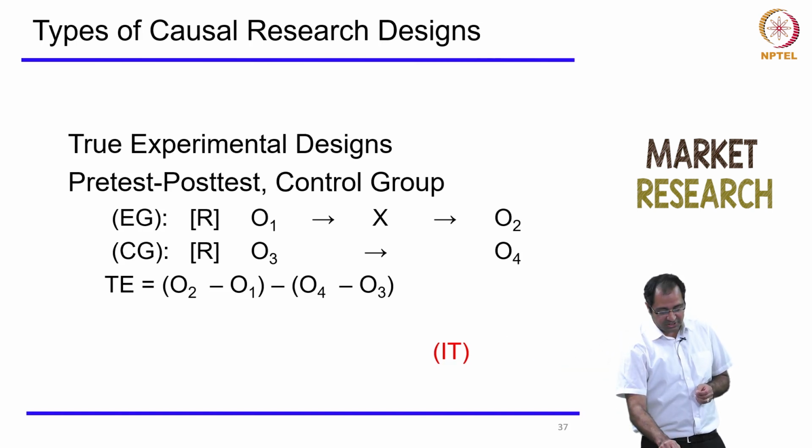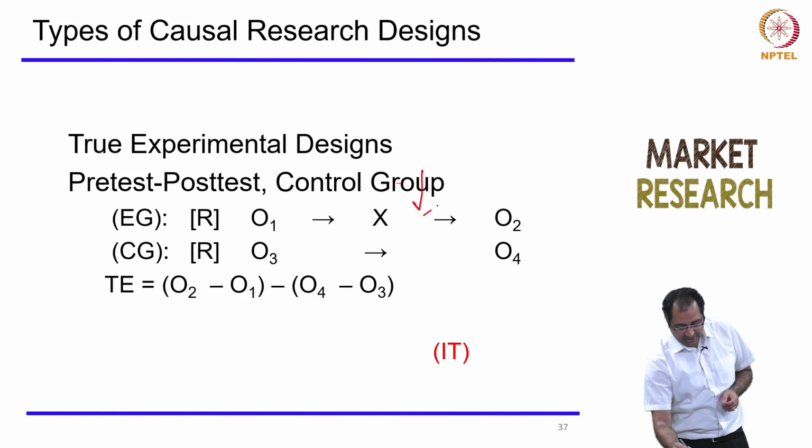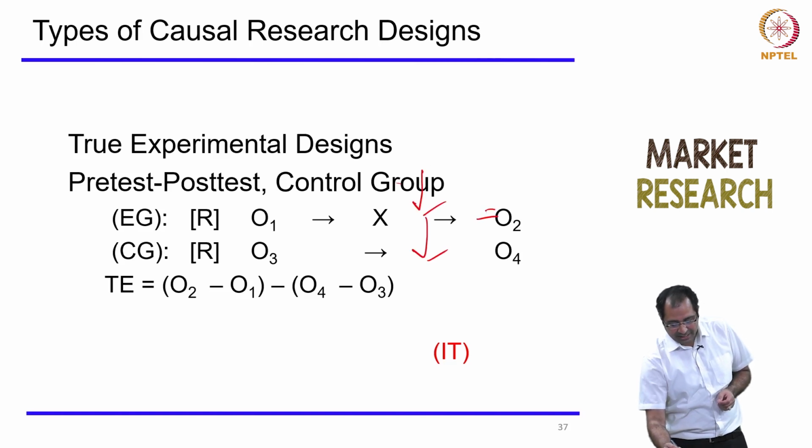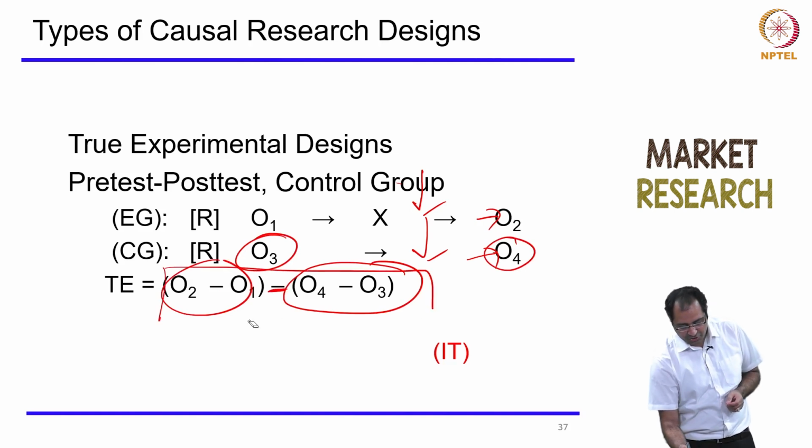So you are not only taking observations for the experimental group, but also for the control group. If some event happened, it would impact both O2 and O4. Now you are computing O4 minus O3 and O2 minus O1, and using this for the total effect.